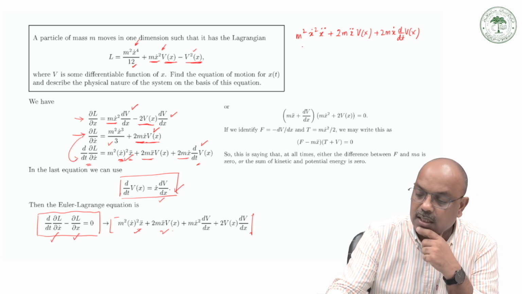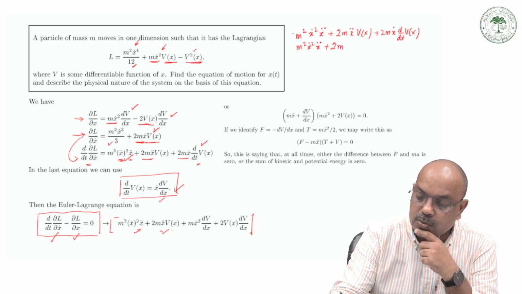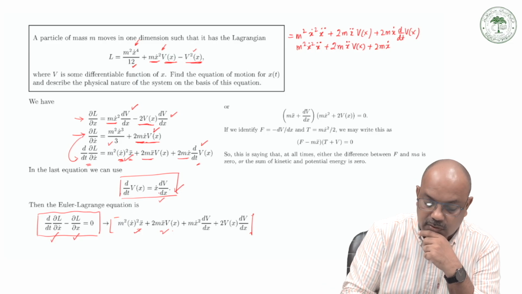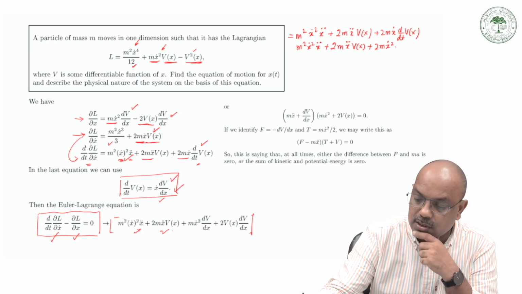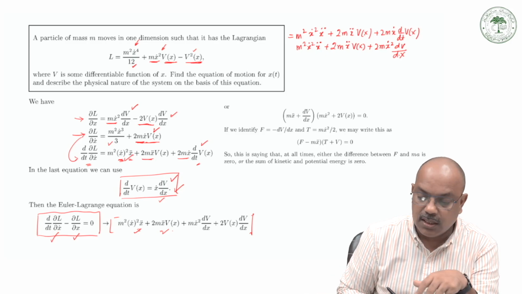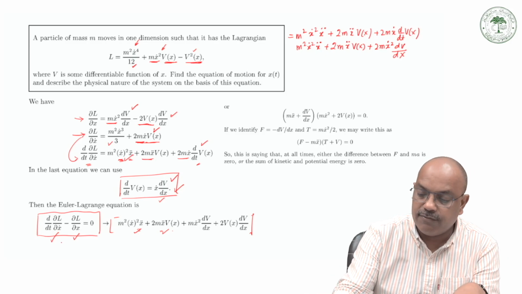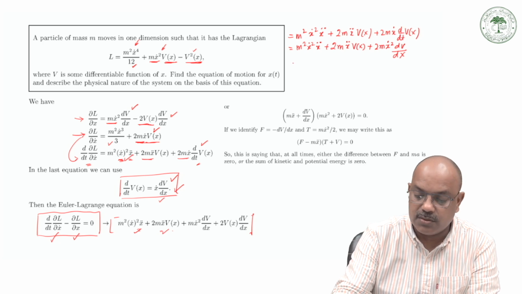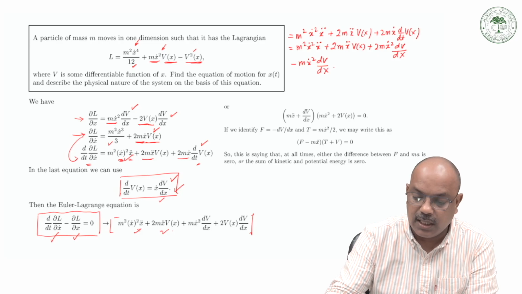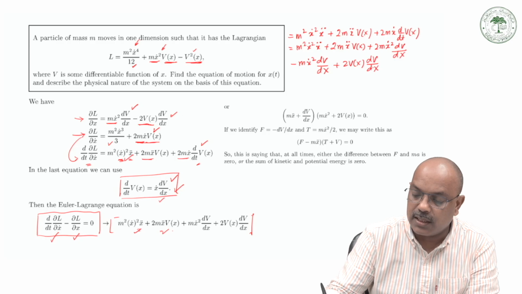Okay, so I can write it: this is m² x dot square x double dot plus twice m x double dot V(x) plus twice m x dot, if I write d/dt equal to x dot dV/dx, so this becomes x dot square dV/dx. This is my d/dt of this, and then I have to take the minus of this, so this is minus m x dot square dV/dx, and this is going to be plus twice V(x) dV/dx.